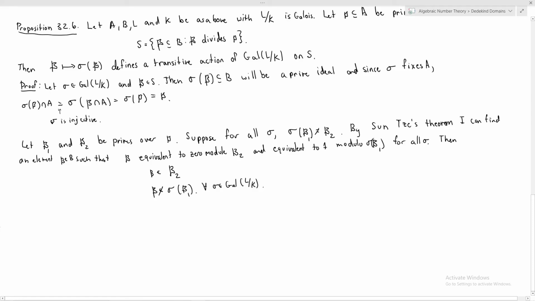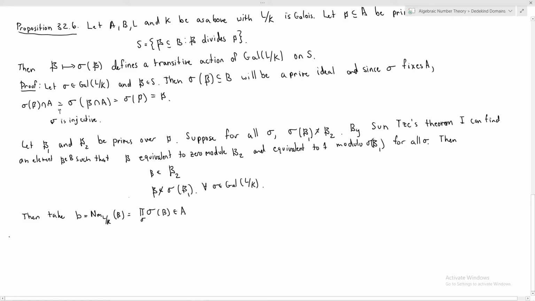Then take little b to be the norm of this beta in A. This is the product over all the Galois conjugates of beta.